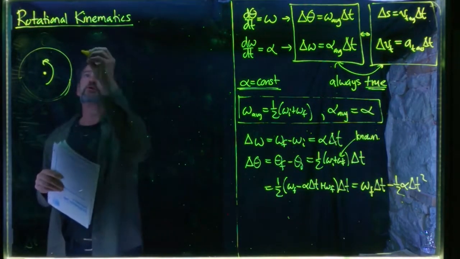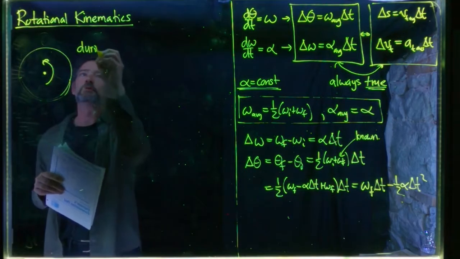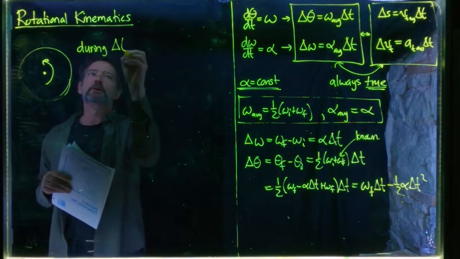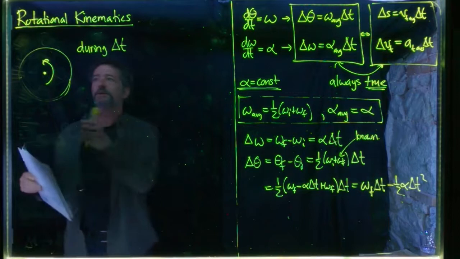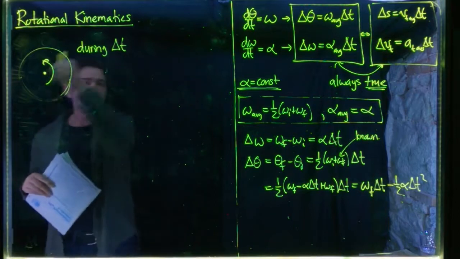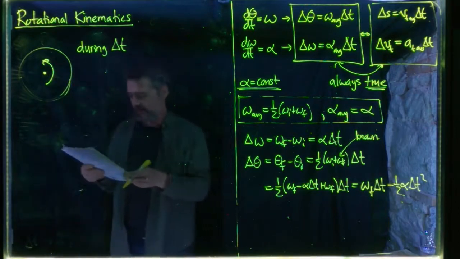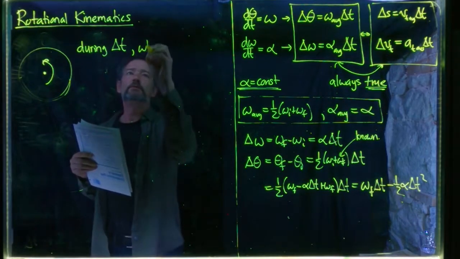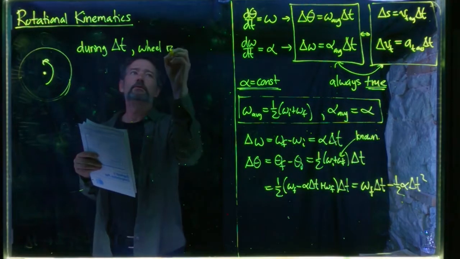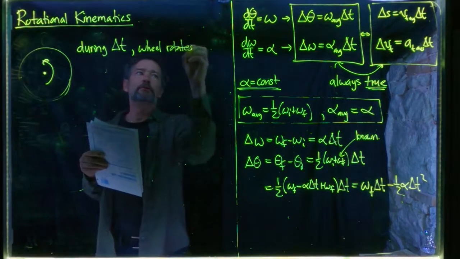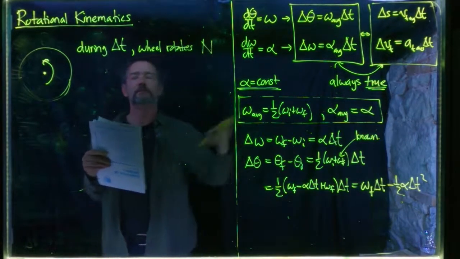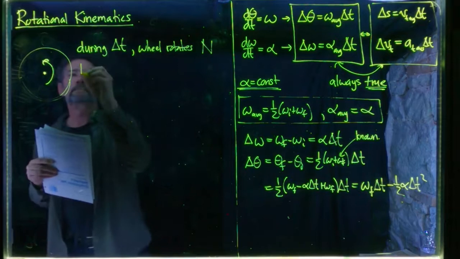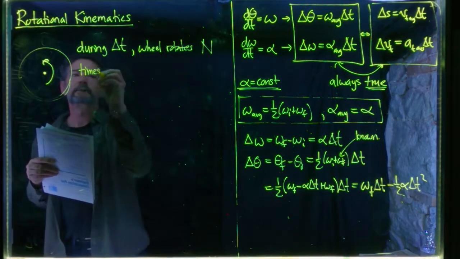So we're saying during a time delta t, which we know, this wheel rotates n times around, like 11 times around or something like that.